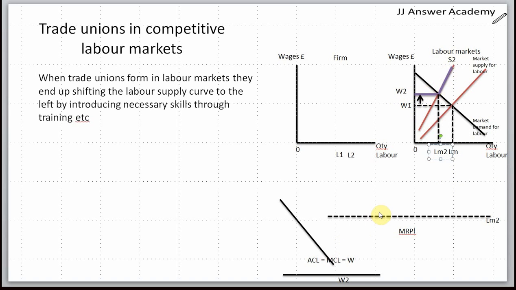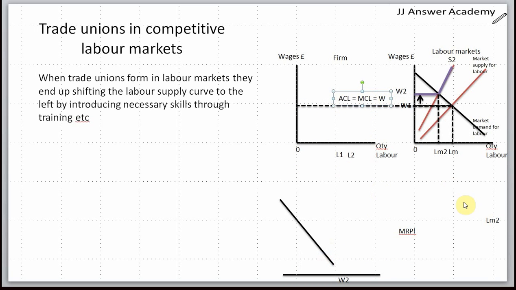What we can do is have a look at this. When there were no trade unions, the firm would be employing at the market wage rate of W1, as I've explained in my previous video.